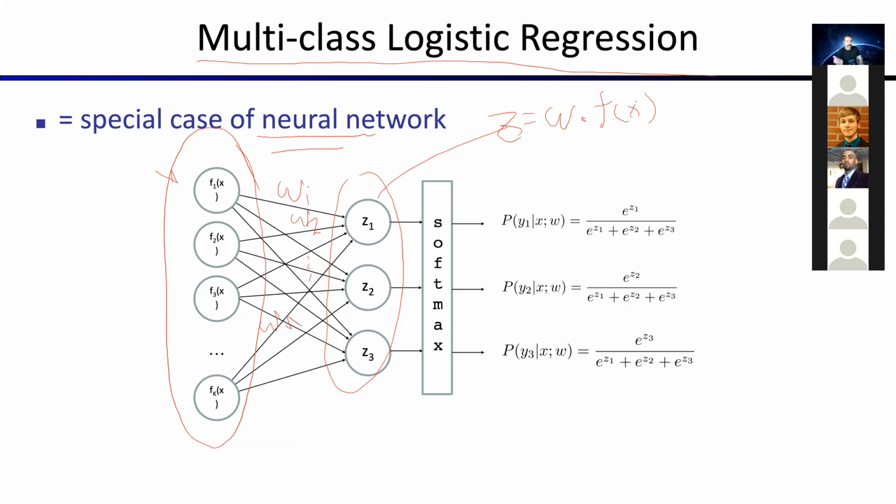So you calculate the activation based on the given feature values. We discussed this extensively previously, and then you pass it through a layer softmax in order to calculate these probabilities.